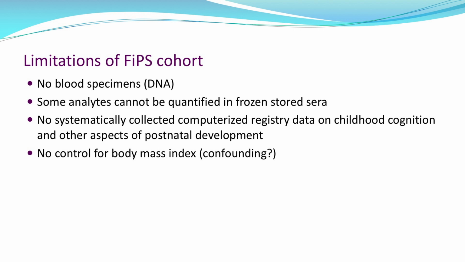We have data on mental retardation or intellectual disability, but not systematized data on IQ, which would be really nice to have, but we don't. And as many of you know, CRP levels and other inflammatory biomarkers are related to obesity. I had a good talk with Cheryl Walker today about that, but we didn't have body mass index in the cohort, so we can't control for that covariate.